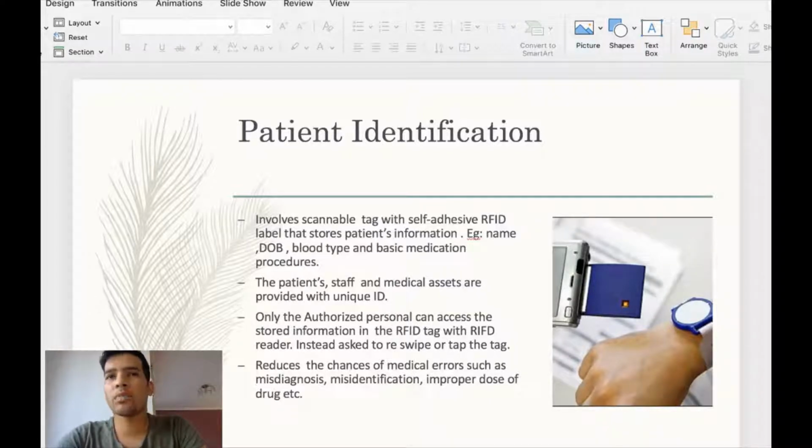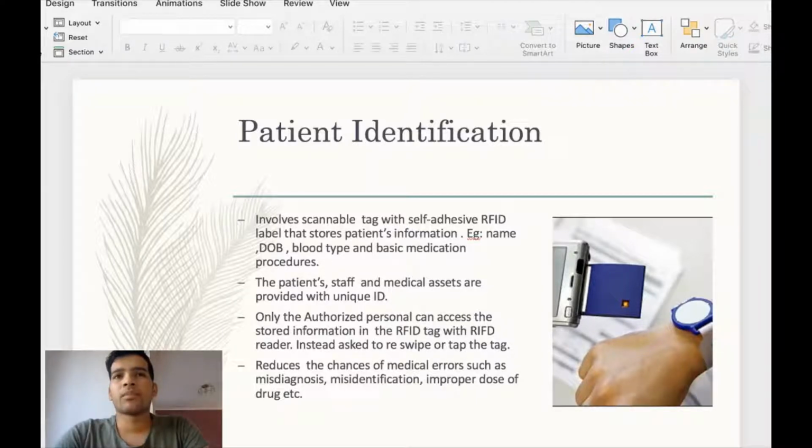Only authorized personnel can access the stored information in the RFID tag with the RFID reader. Otherwise, they will be asked to re-swipe or re-tap the tag on the RFID reader.